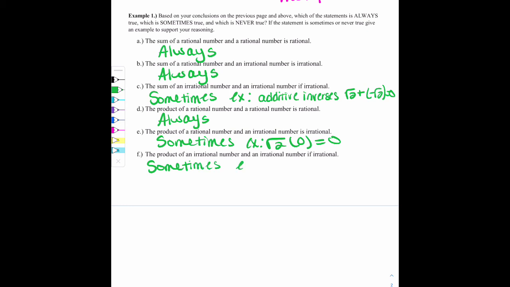And we have the example of, for example, square root of 5 times square root of 5. That was equal to 5. That's a rational number. Or we could have the one that was square root of 2 times 1 over square root of 2. That would be 1. So we're seeing that we can get a rational answer from that situation. Okay? And that concludes your lesson on sums and products of rational and irrational numbers.